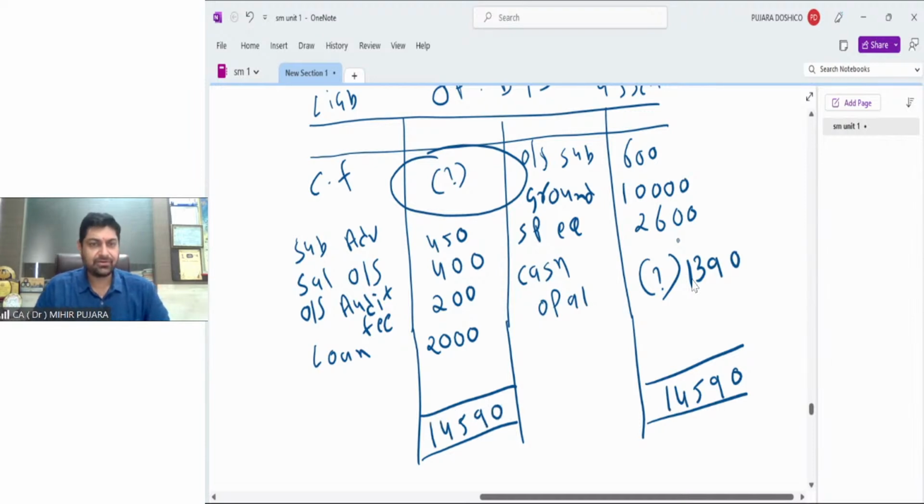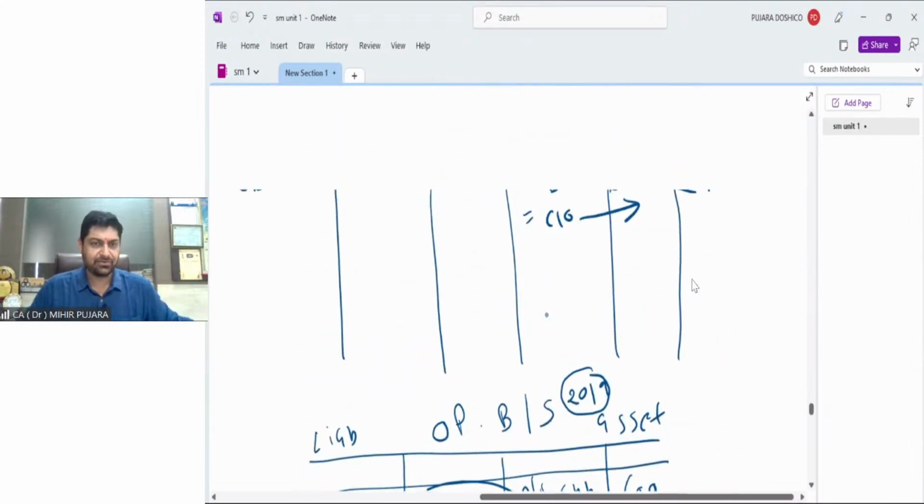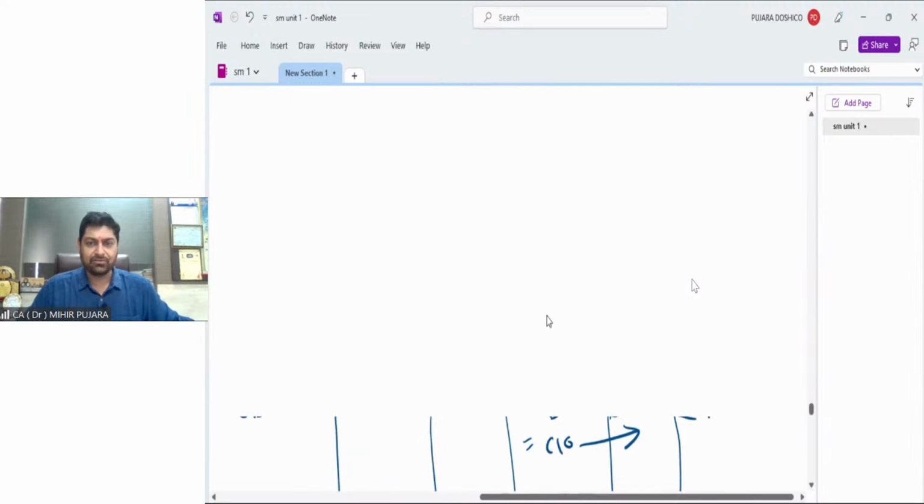Okay. 450, 400, 2000 and 200. So the balancing figure is 11,540. And this 11,540 will be part of the closing balance sheet.